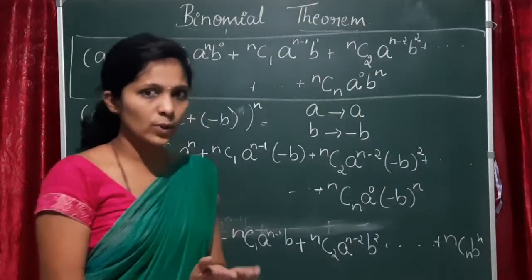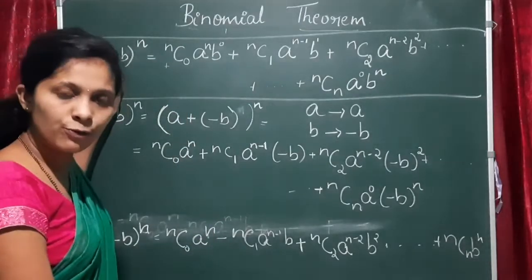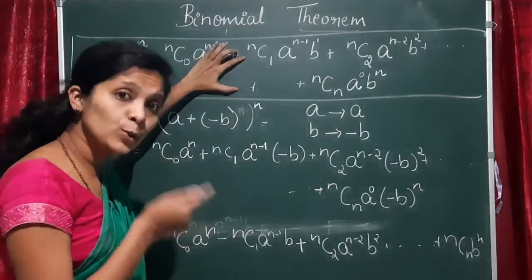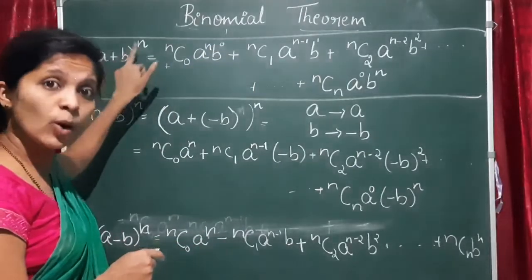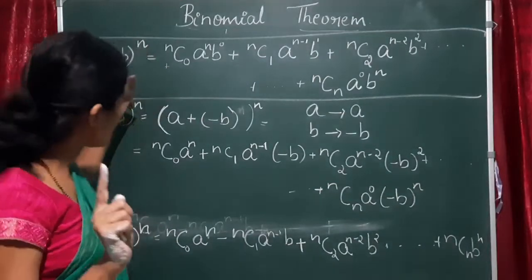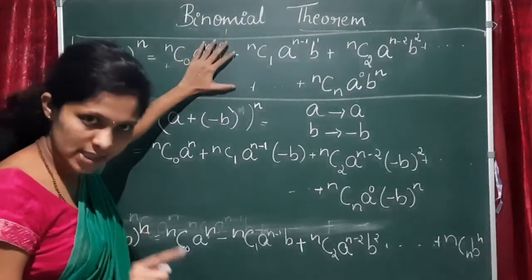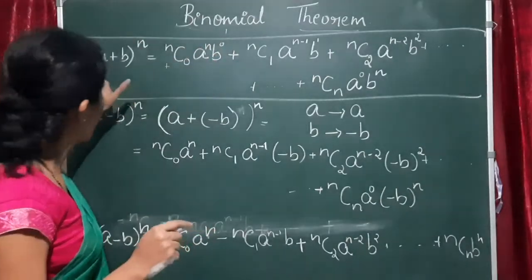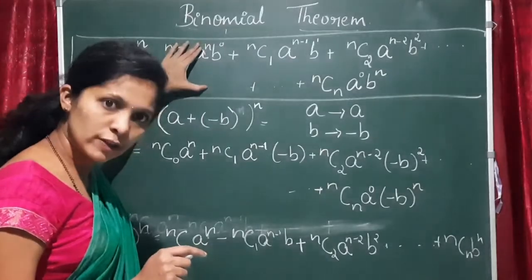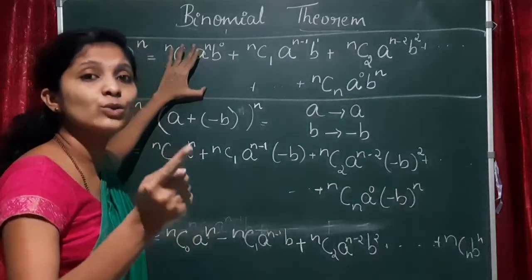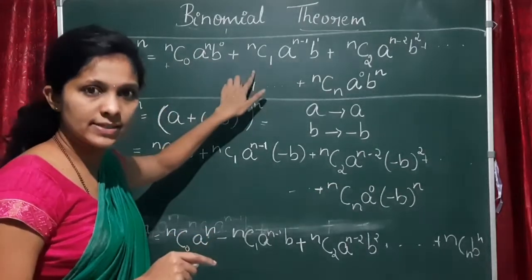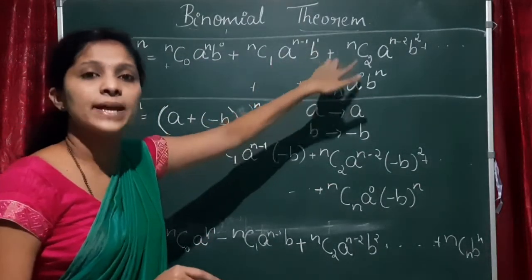You have to remember the expansion of (a plus b) whole to the power n is this one. If you want to find (a minus b) whole to the power n, listen carefully, the expansion will be the same, but you have to change the alternate signs. I mean, first it will be plus, then minus, plus, minus, plus, minus.